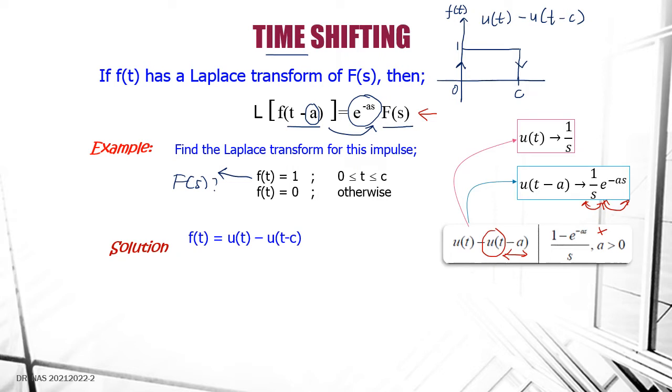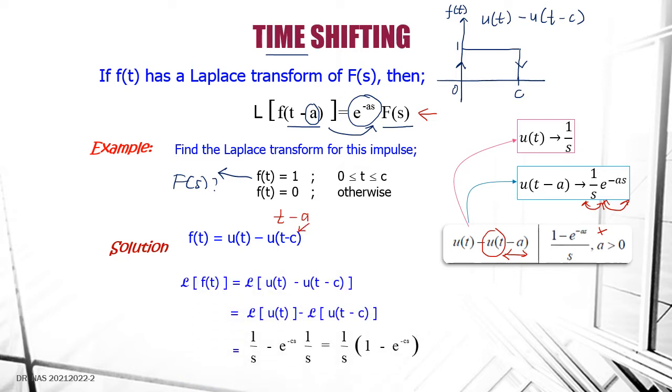So u(t), you know it is 1 over s. u(t minus c) means that 1 over s, e to the minus as. So in this case, t minus a, so your a equal to c. So it is 1 over s for u(t), and again 1 over s for u(t).